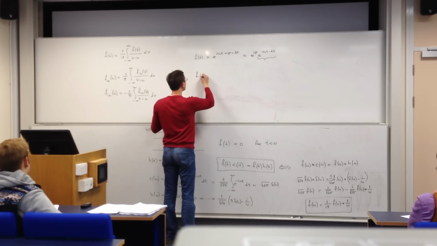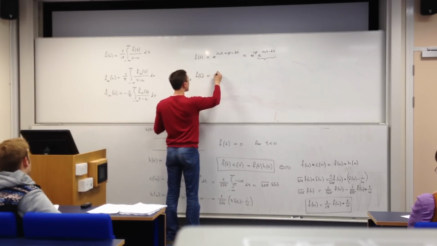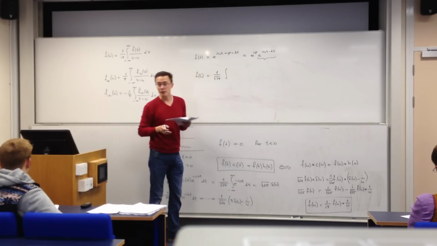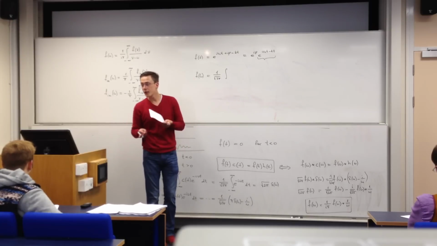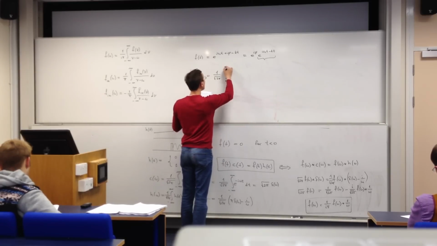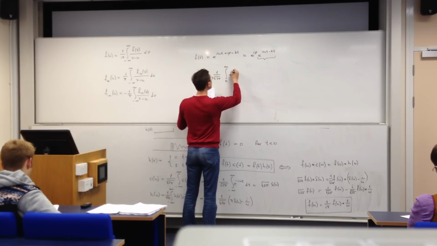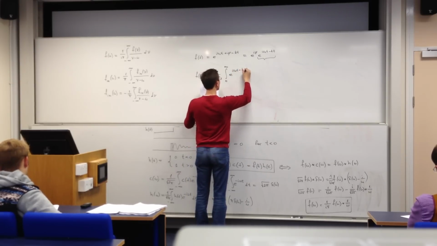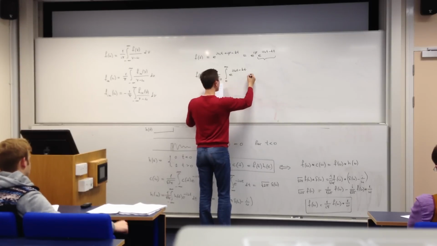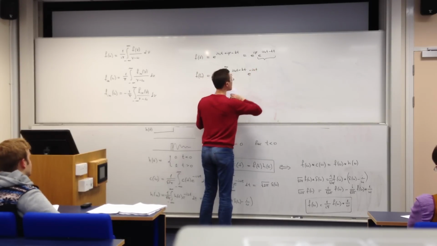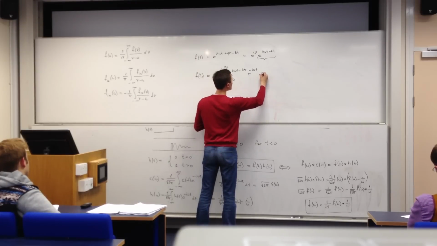F of ω is 1 over root 2π, Fourier transform, from 0 to infinity, because there was no signal before time 0, so we don't need to worry about that integral. It's 0 anyway. 0 to infinity, e^(iω0t), the frequency term, e^(-kt), the decay term, e^(-iωt), the Fourier transform term, dt.